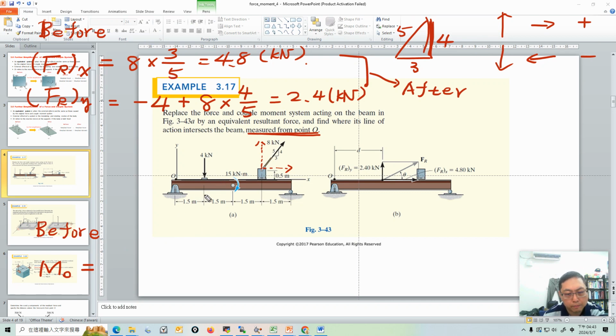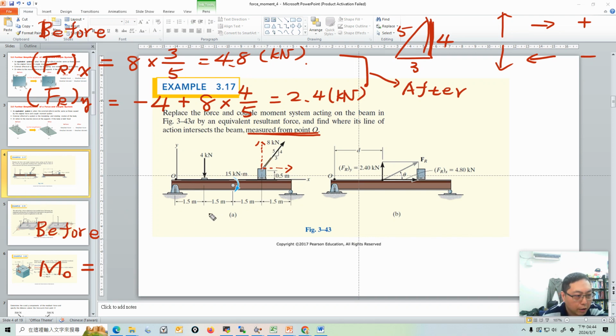We don't use the vector formula, because that would make this problem so complicated. In such a 2D problem, we only need the scalar formula of the moment.